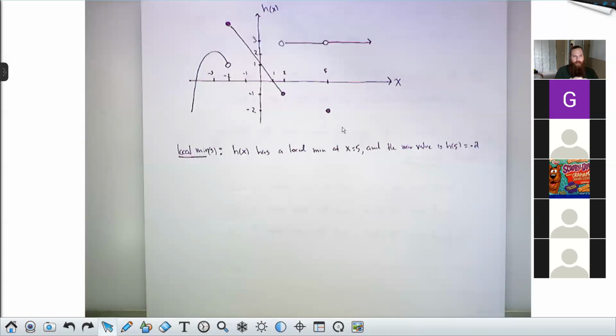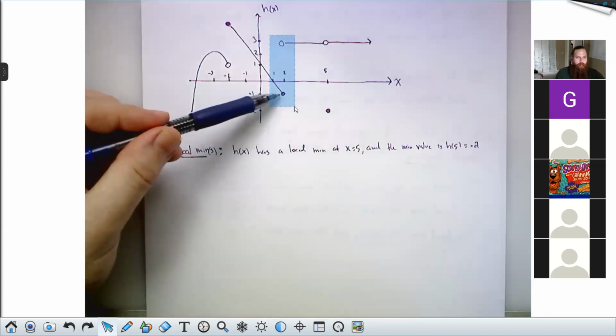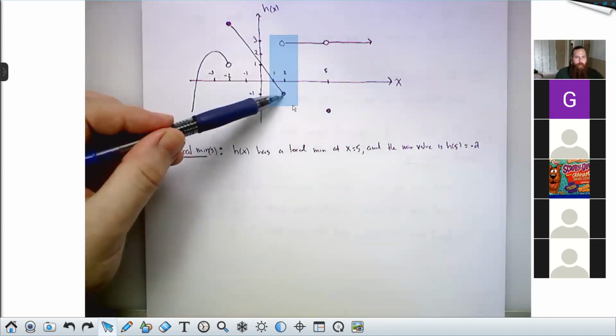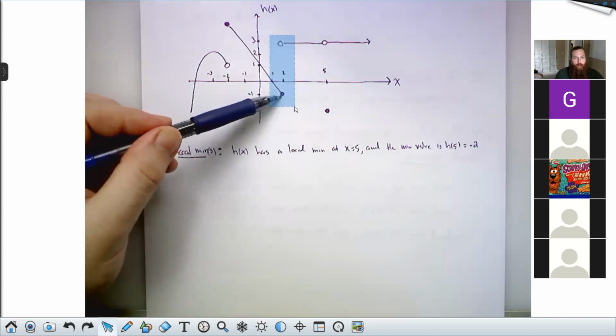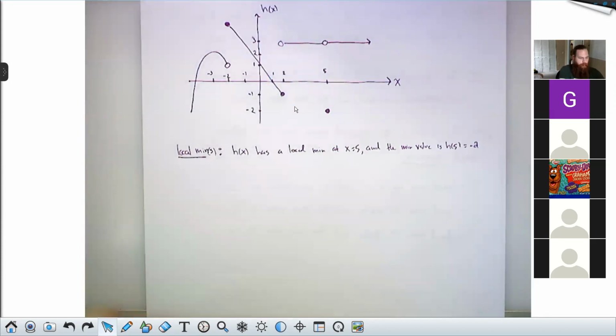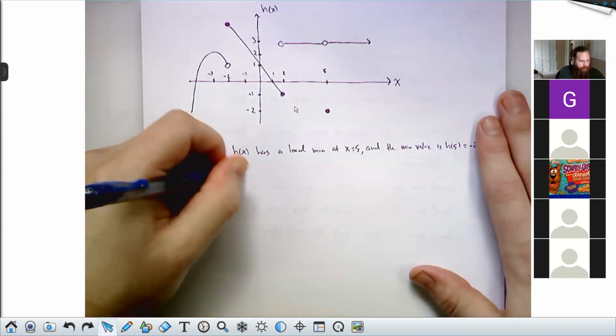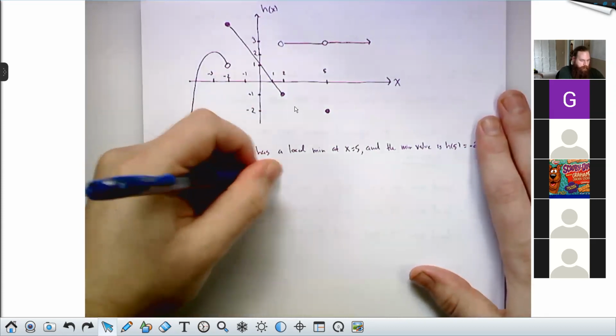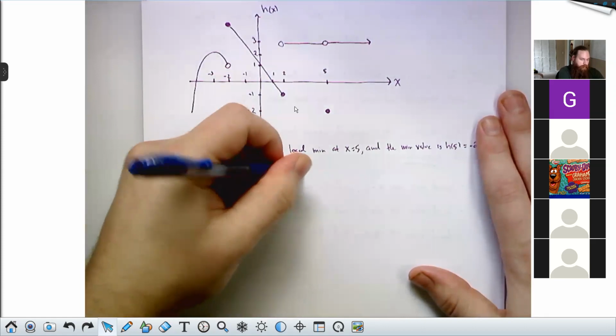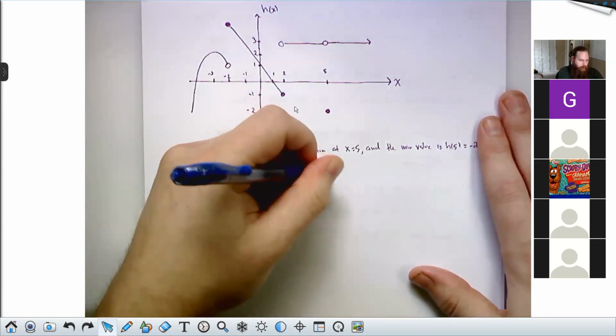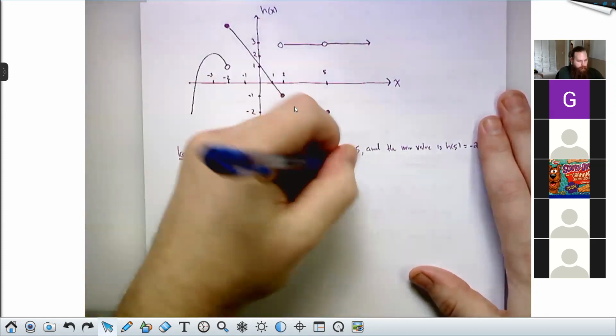Where else? Yeah, good. 2, -1. If I put a little window around this guy, then this point is definitely the lowest y value anywhere in that window. So he is a local min. So h of x also has a local min at x equals 2.